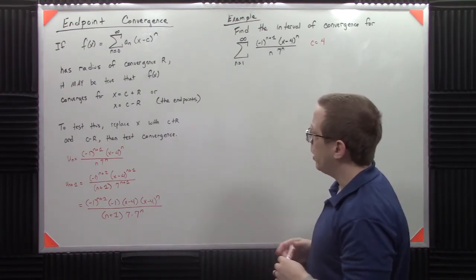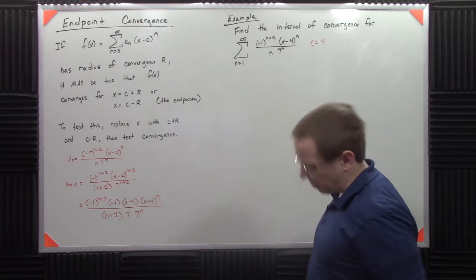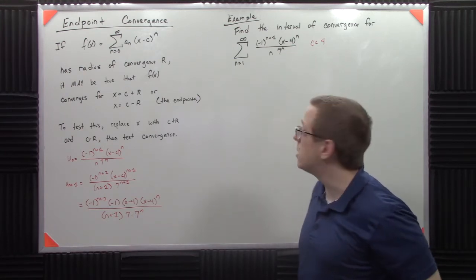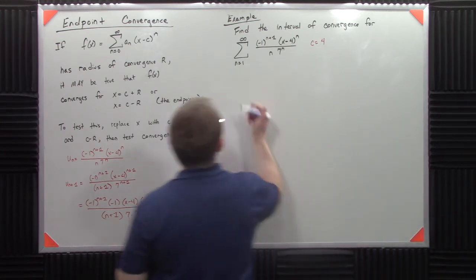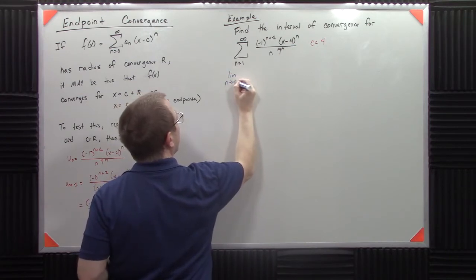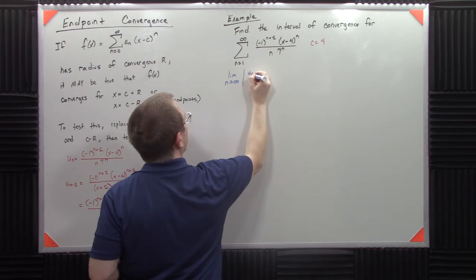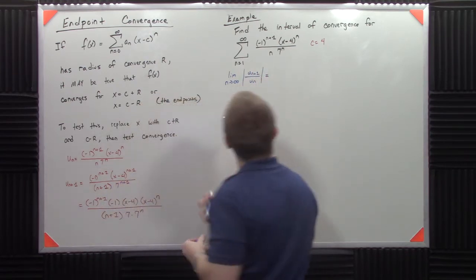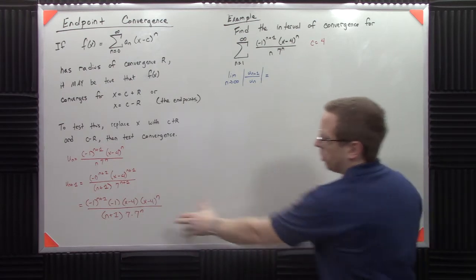So when I take this limit using the ratio test, I have that limit, so then I can plug this in.